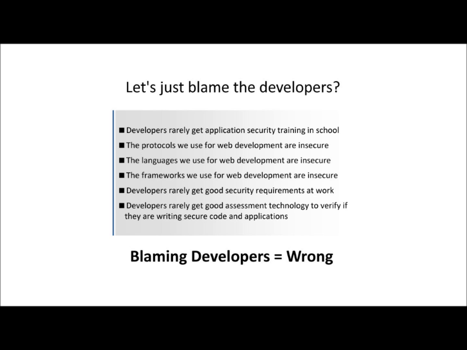The frameworks that we use for web development, like Ruby on Rails and Spring and Struts, they all have security problems. And very rarely do your bosses give you security requirements. That's just not part of the culture of web development. You put all this together, and blaming developers is wrong. So my goal here is to empower developers to write more secure code.